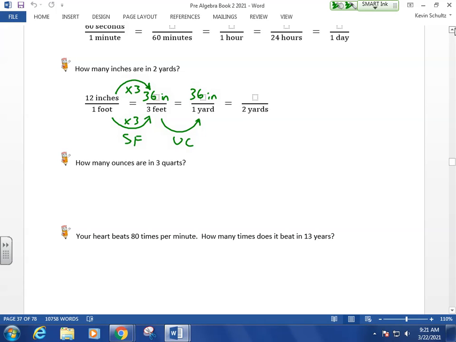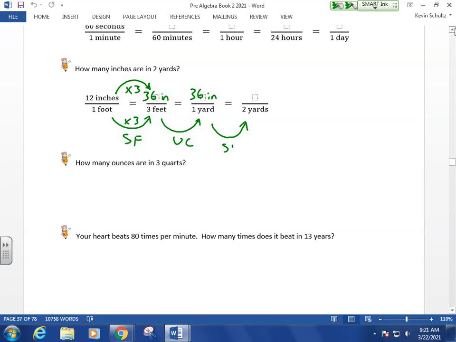The question is, how many inches are in 2 yards? So since we just did a unit conversion, what comes next? You should all be singing this out. Leah. SF, which doesn't stand for San Francisco. It stands for scale factor.